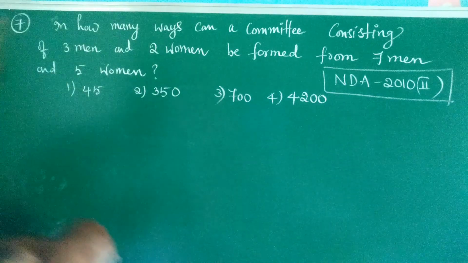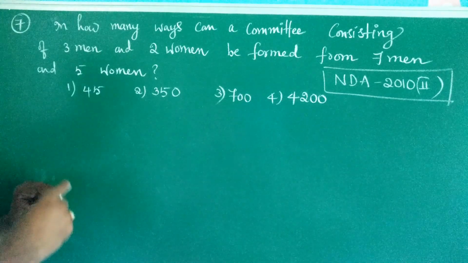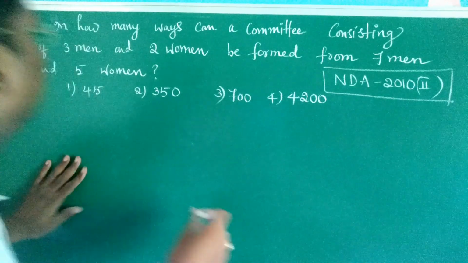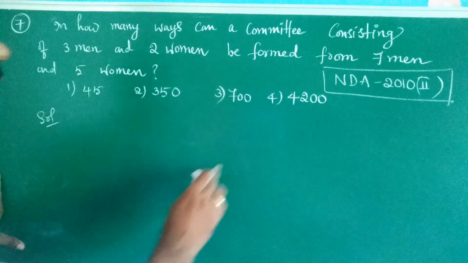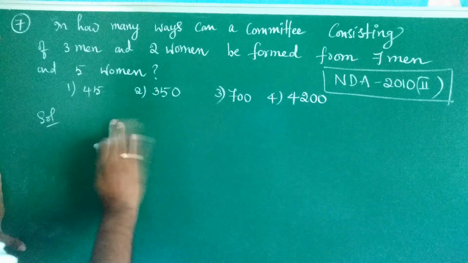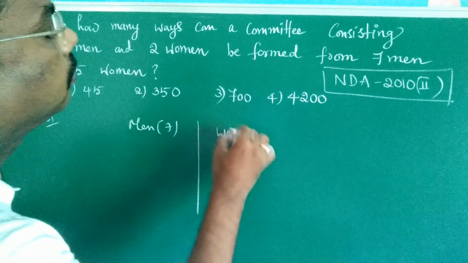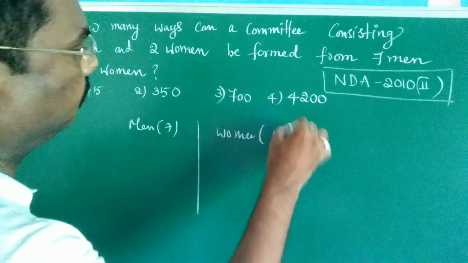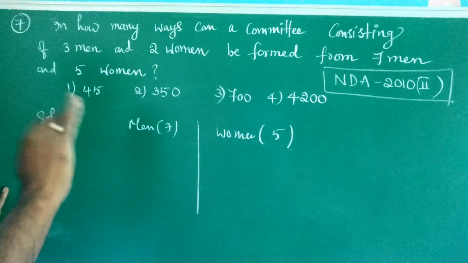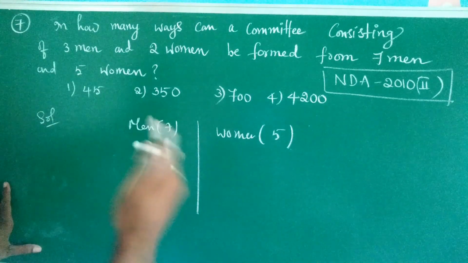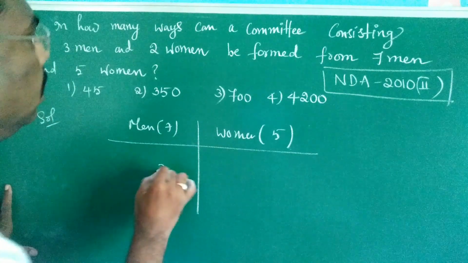Next one, in how many ways can a committee consisting of 3 men and 2 women be formed from 7 men and 5 women? Now here 7 men, women 5. Now here 3 men and 2 women. Now a committee consisting of 3 men and 2 women.